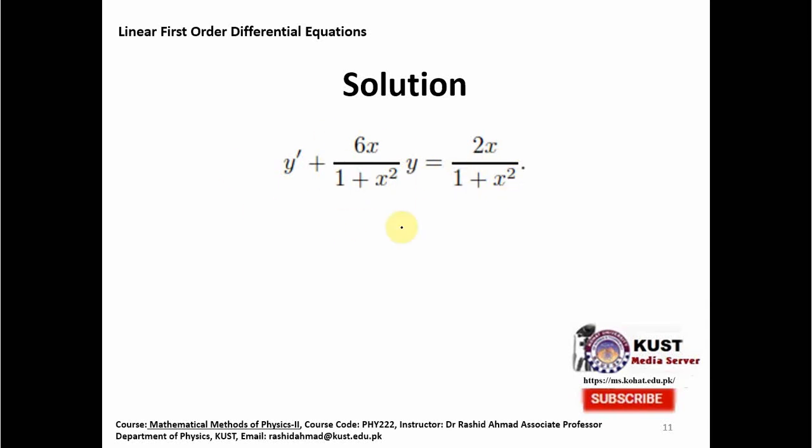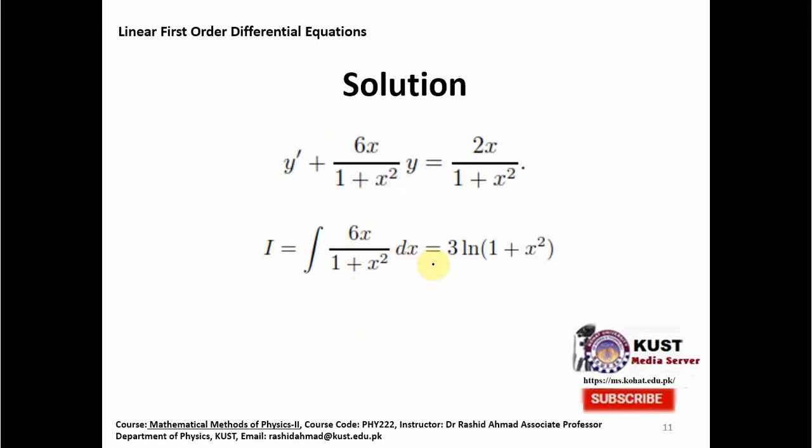Now it is more clear what p and q are, and I will show you that. Before telling you what p and q are, let's have the definition of the integrating factor I. This will be equal to the integral of p dx, because this is p.